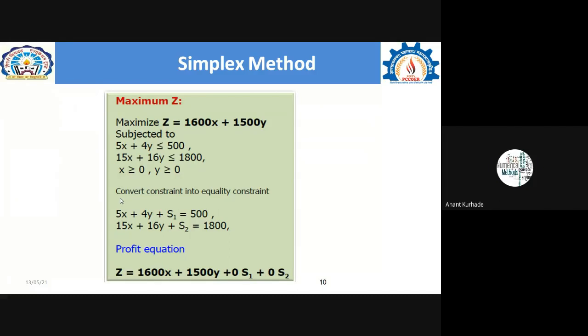Less than. So now if the constraints are with less than or equal to, then you have to add slack variables on the left side. Because the left side has a lower value than the right side, that's why it is given as the less than sign.